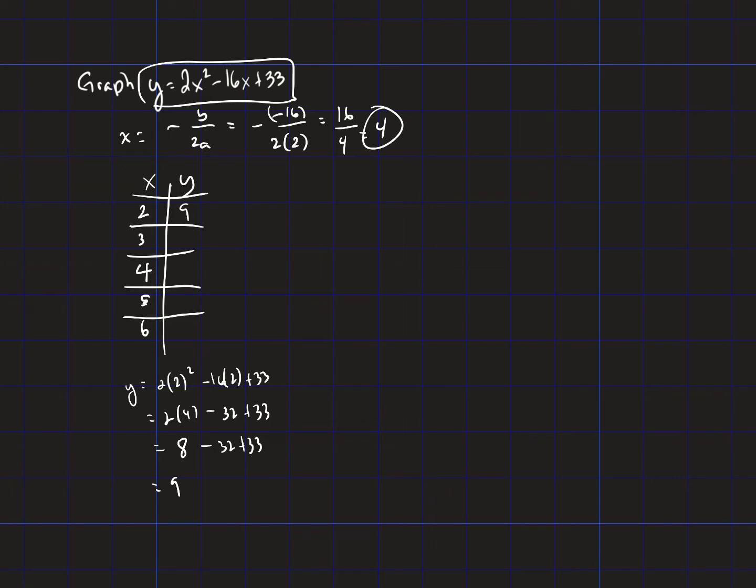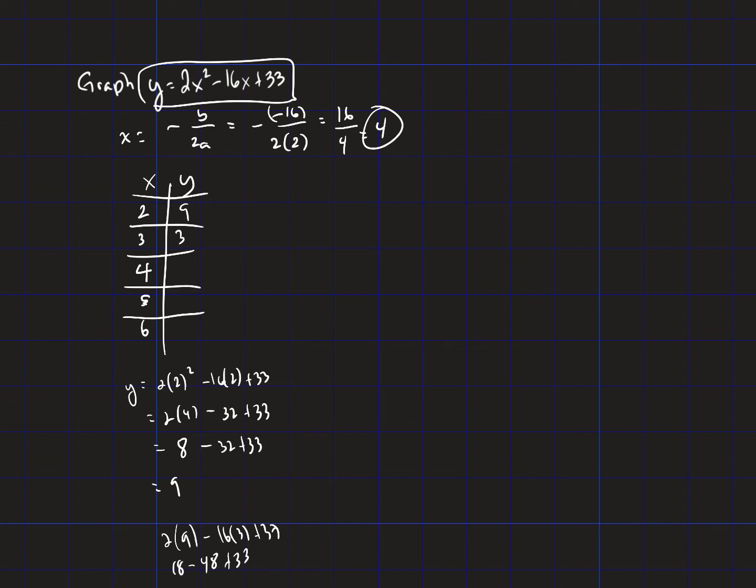If I plugged in 3, I would get 2 times 9, that's 3 squared, minus 16 times 3, which is going to be 48, plus 33. So let's see, it's 18 minus 48 plus 33. So it's going to be negative 30 plus 33, so it's going to be 3.